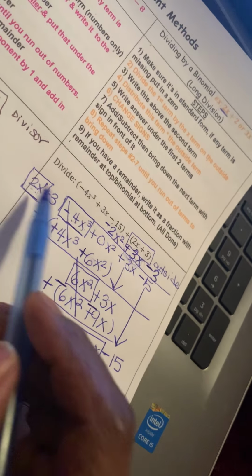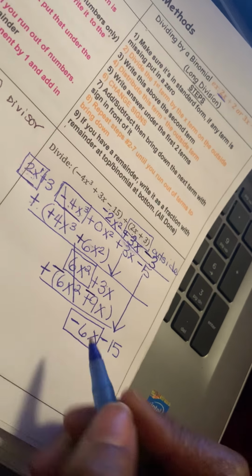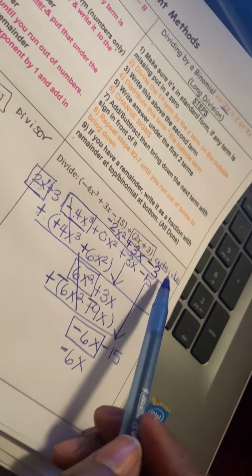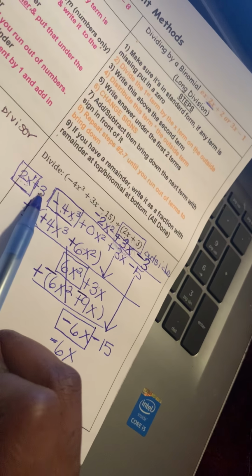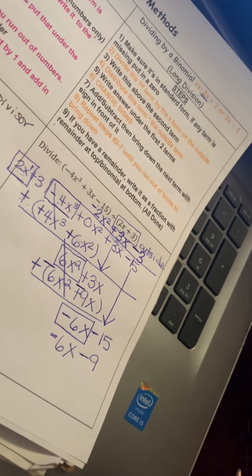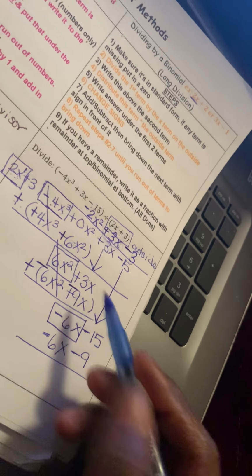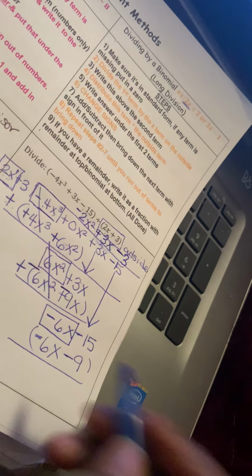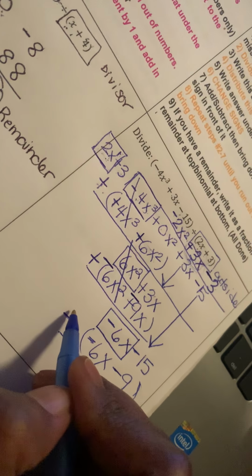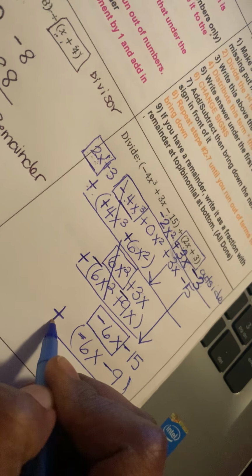So negative 3 times a positive 2x will give me negative 6x. Negative 3 times a positive 3 will give me negative 9. Remember, before we add, we have to change the sign. So I will change this to a plus sign.